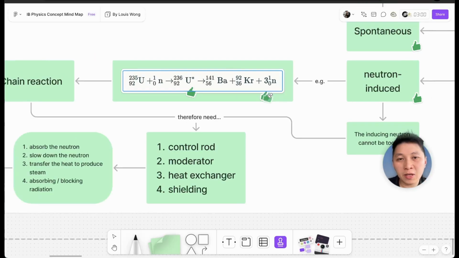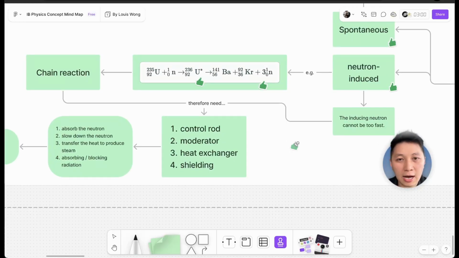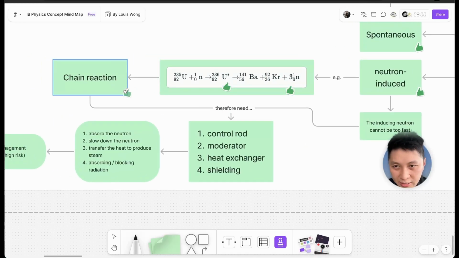I always tell my students, when I was a student I always simply thought it was a very mechanical thing, that you fire a neutron at uranium-235 and then it just splits. No, it's not like you shoot a bullet at something and it splits and explodes. It actually captures the neutron, then becomes unstable, and that's how the fission happens, and then the energy is released.